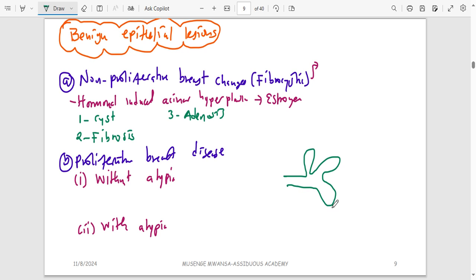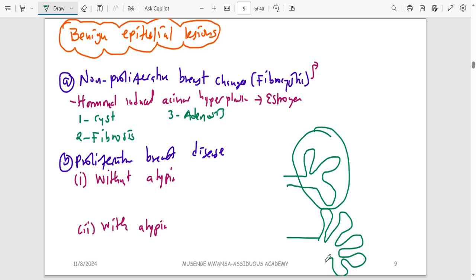You have got like three acini there. And then in adenosis, this is known as a lobule. Look at this one. What has happened? You have got a lot of acini in a lobule. So that is what we call adenosis. Basically, there is an increase in the number, not size, but number.